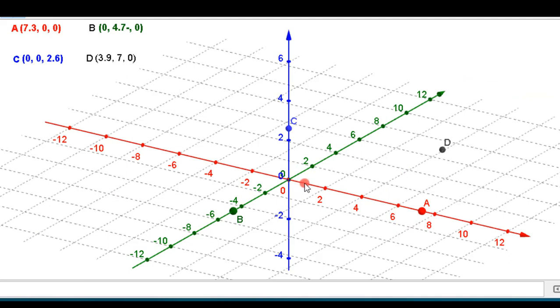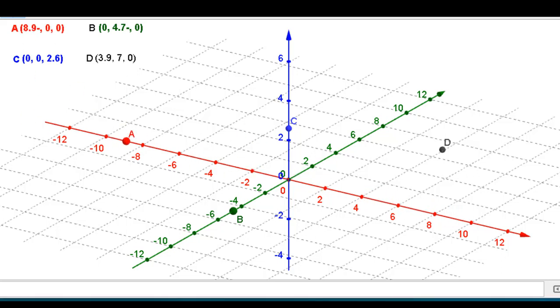Using Geogebra software, the space is referred to an orthonormal system OI, OJ, and OK. So the red axis is the abscissa axis, the green axis is the ordinate axis, and the blue axis is the elevation axis. Let's see A on abscissa axis.